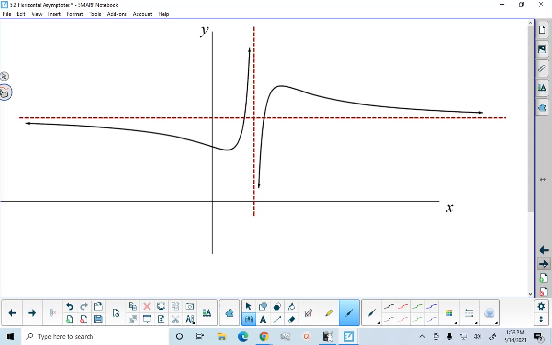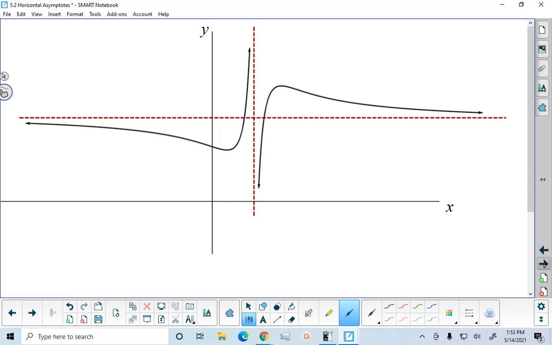So you will notice that there is a horizontal asymptote there. I'm going to mention this now and then explain it in more detail later. The weird thing about horizontal asymptotes is that the function can actually cross the asymptote. When you have a vertical asymptote of a function, that's a non-permissible value for x.